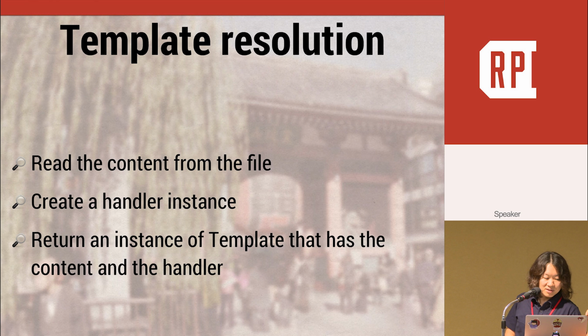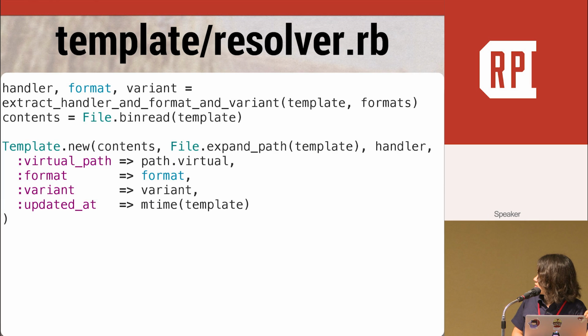So the template resolution was like read the content from the file and create a handler instance. Anyway, it extracts handler and format and variant. Yeah, that creates a handler instance.